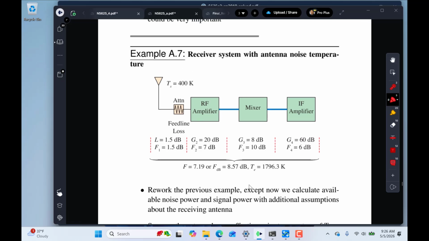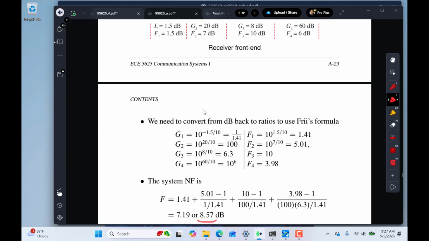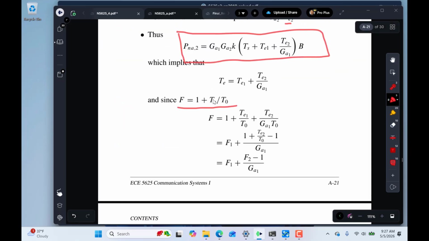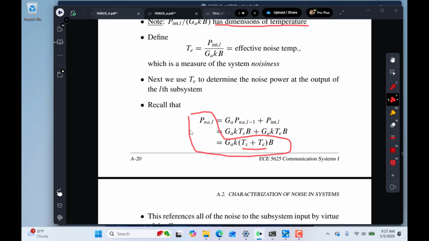The only thing this next example does is it says, now suppose we have a source or an antenna that's at 400 degrees Kelvin. So now we can take this example, the first example, which got us noise temperature and noise figure, and we're going to be working this equation right here. We're going to get the noise power at the output, including the noise temperature of the source and our equivalent noise temperature from the cascade model.